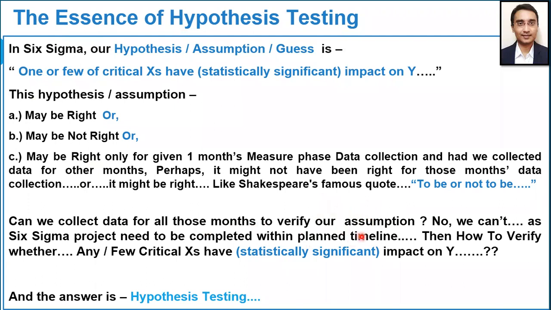Can we collect data for all those months to verify our assumption? No, we cannot, because a Six Sigma project needs to be completed within the planned timeline. That's a limitation we do have. In four months of time, we have to finish the Six Sigma project.